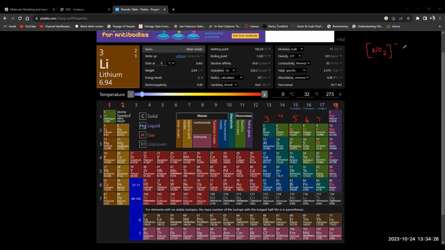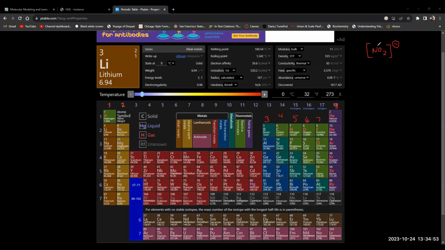Does that ring a bell? I hope so, because this example has a negative charge to it. So anytime you see this, that means there's an additional electron added to the structure. And I'll show you what I mean by that here.